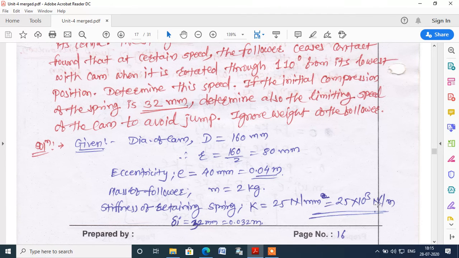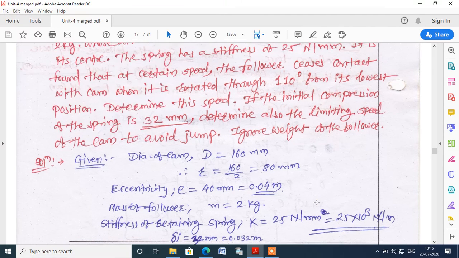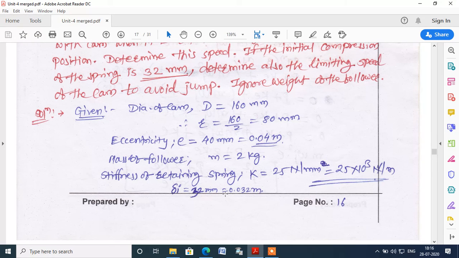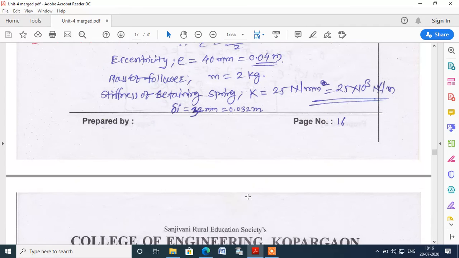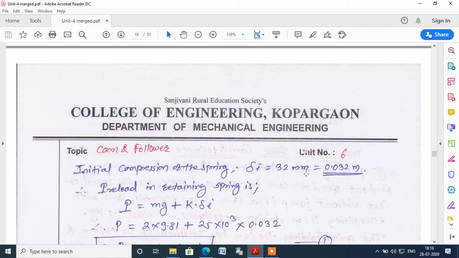If you convert into Newton per meter, it is 25 into 10 raised to 3 Newton per meter. Then it is given initial compression of the spring, so delta I is 32 mm, so in meter 0.032 meter. So these are the given quantities.